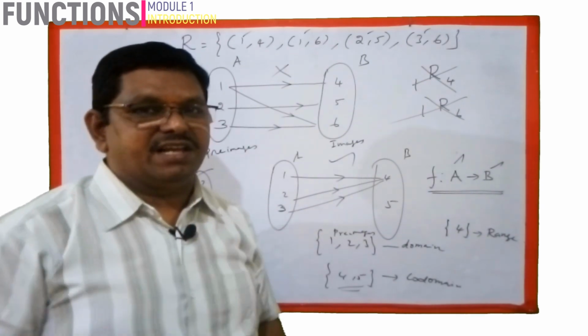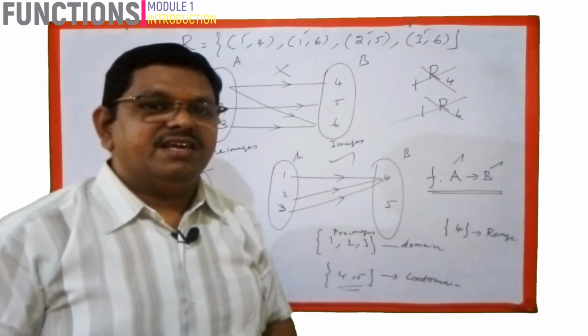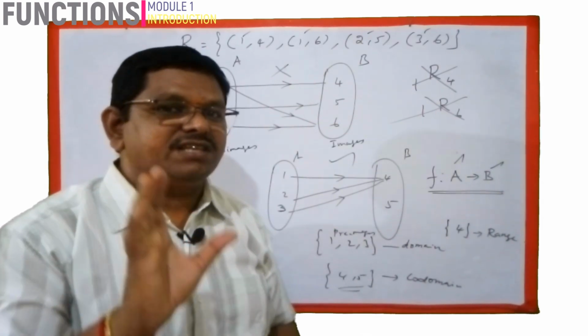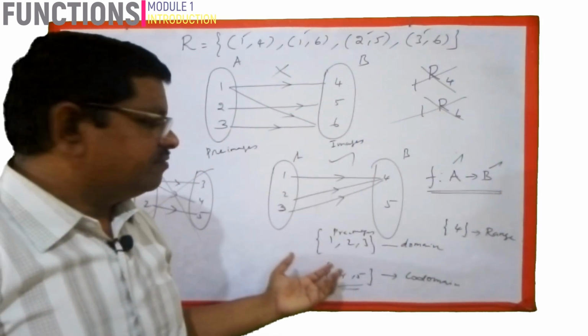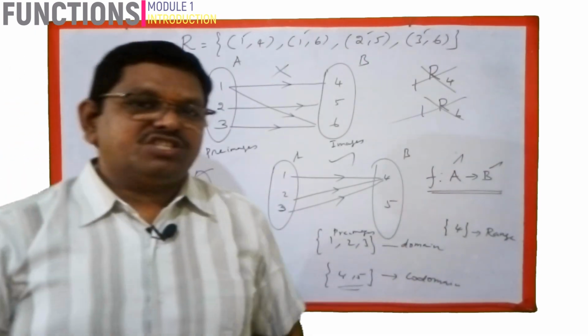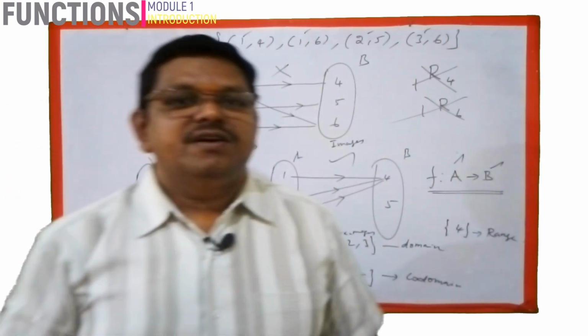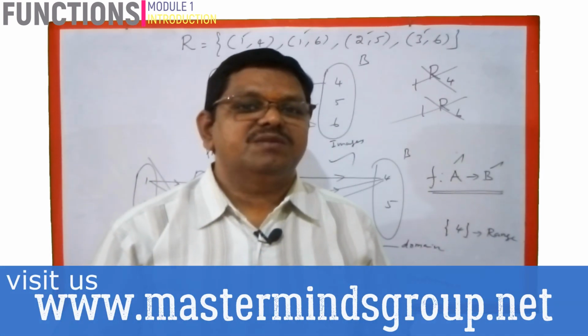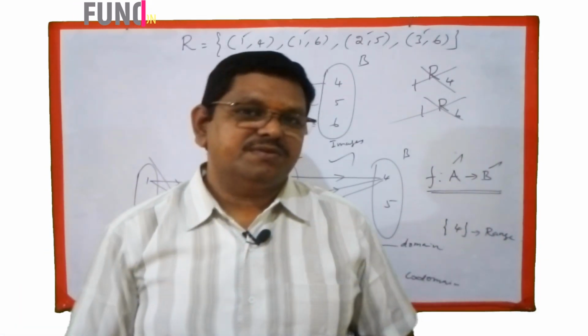Every function is a relation, whereas every relation is not a function. So this is the conclusion we have got from this module. In our next module, we will discuss what a bijective function is, and later we will discuss the inverse function and other different types of functions.